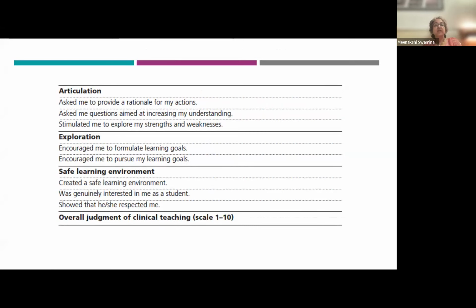Then exploration, encouraging me to formulate learning goals and pursue them. And finally, a safe learning environment. The teacher created a safe learning environment, was genuinely interested in me as a student, and showed that she respected me. This was on a scale of 1 to 5, and then you could also add remarks.